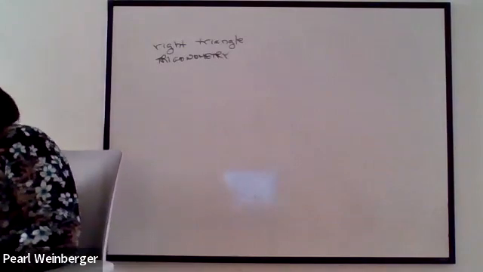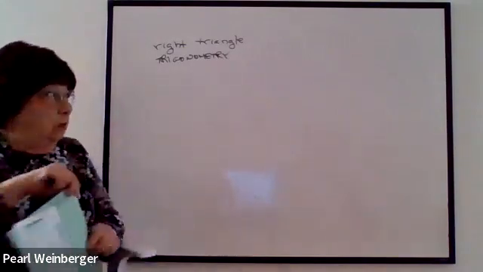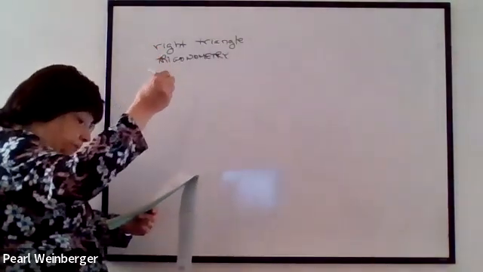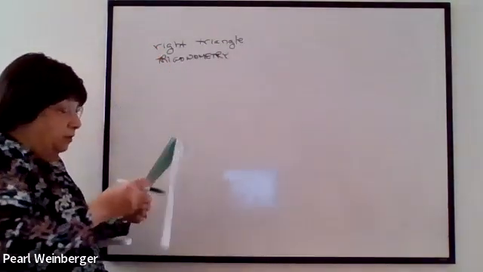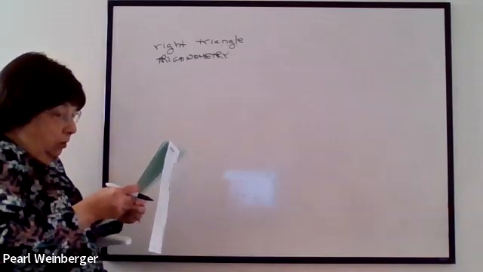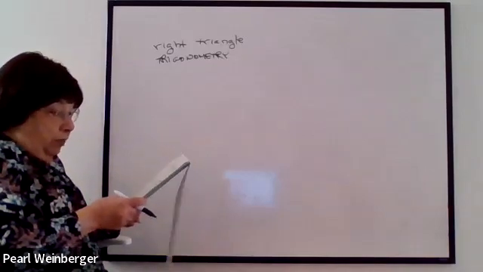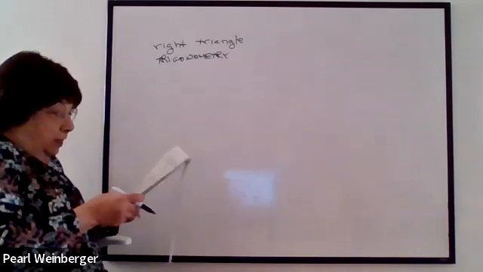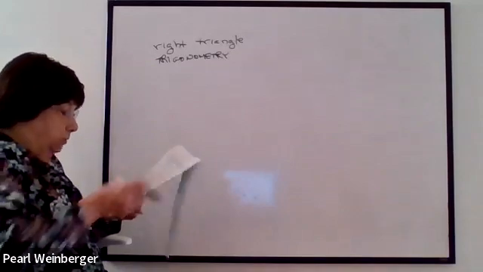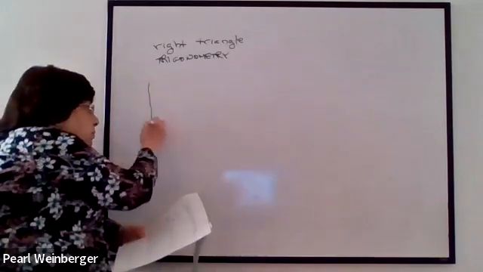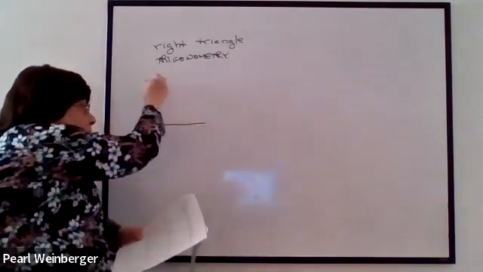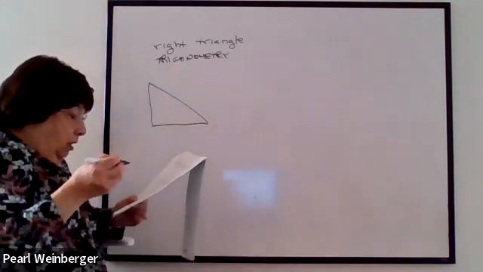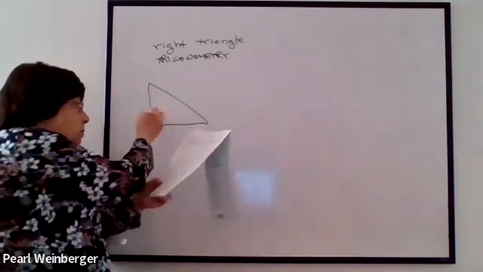Okay, this is a question that's off a final exam. It says find the length of the third side of the right triangle. Where appropriate, give it both an exact answer and an approximation to 3 decimals. So here's what the question looks like. They give us a picture of a right triangle.